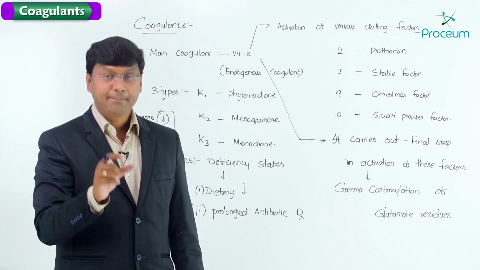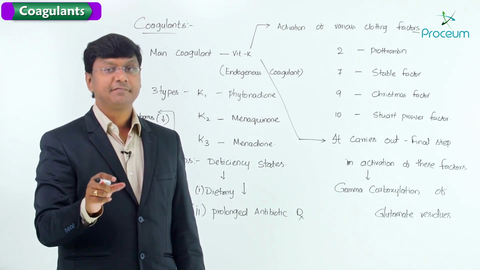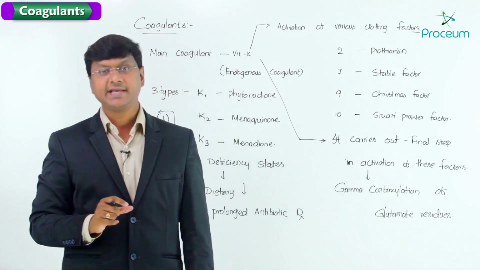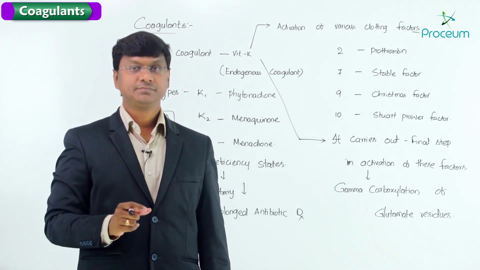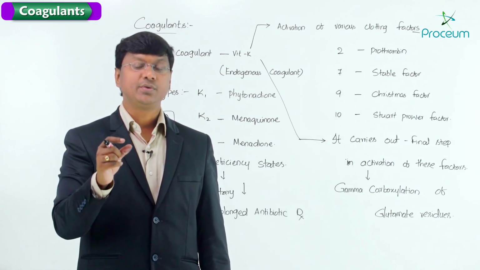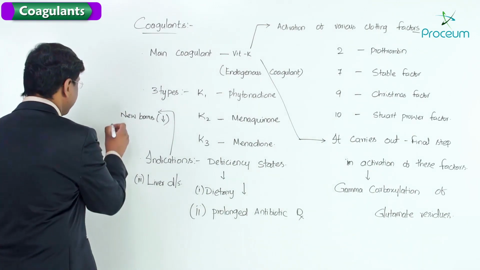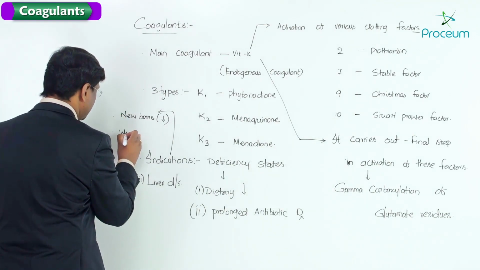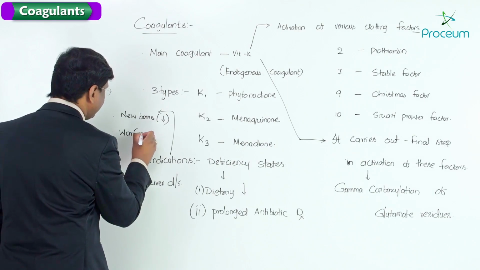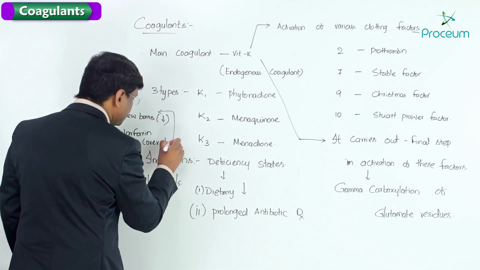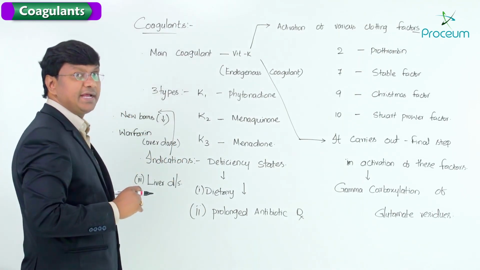And apart from that, we have a very important vitamin K antagonist which is acting as the oral anticoagulant. And what is that particular oral anticoagulant? That is warfarin. Warfarin is a vitamin K antagonist.